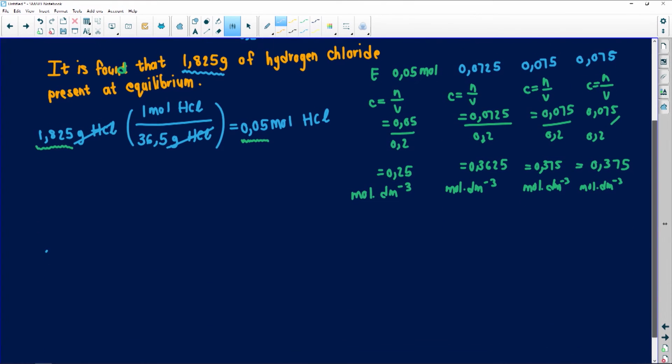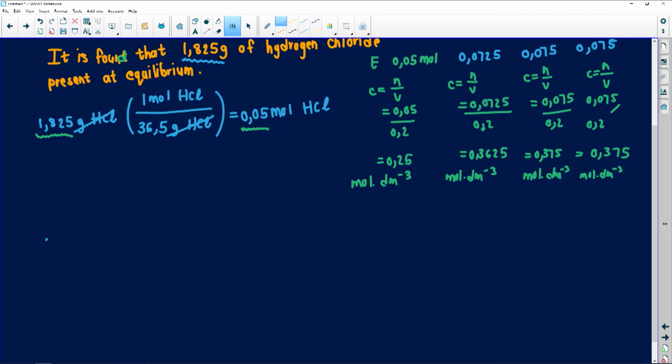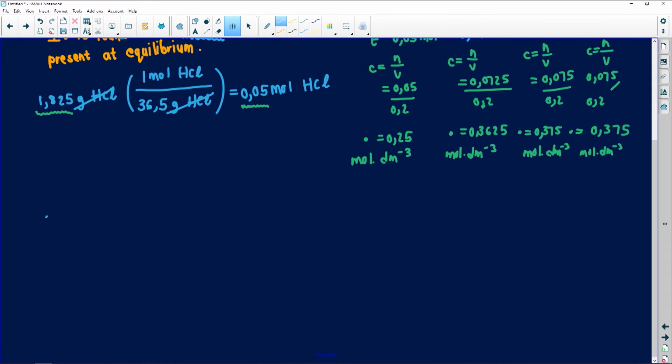When we calculate the Kc, we need to find the concentration of each in equilibrium. We found this concentration, so this is what we are then going to use. Now, let me use a different color. When you're calculating for the Kc, we have our products over our reactants.